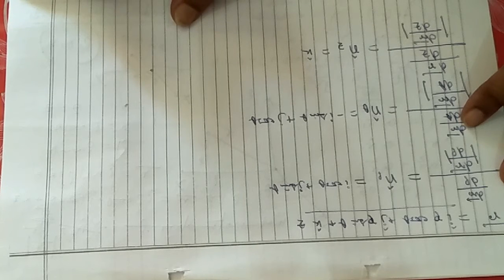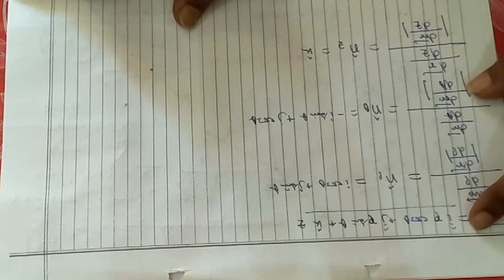Now it is time to calculate the velocity. How to calculate the velocity? Velocity will have three components. The first component is with respect to rho, the second with respect to theta, the third with respect to z, that means the k unit vector.